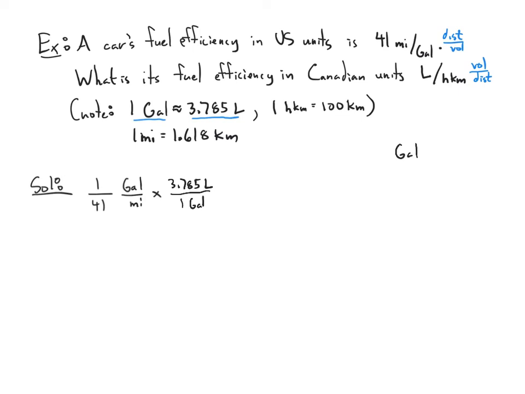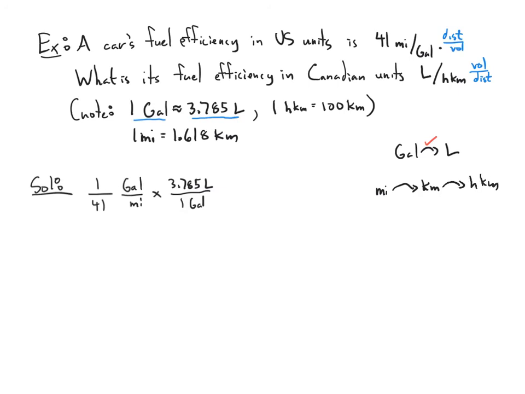We went from gal to L, and that's the only conversion we needed in the volume bit. So that one's not too bad. Now we want to convert from miles to hectokilometers. We know that a mile is 1.618 kilometers, so I know how to convert to kilometers. And I know how to convert from kilometers to hectokilometers. So let's go ahead and do that.